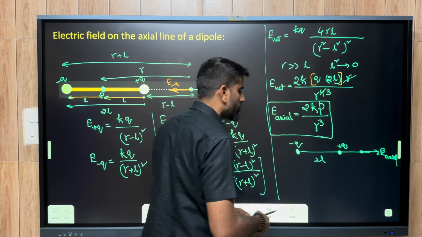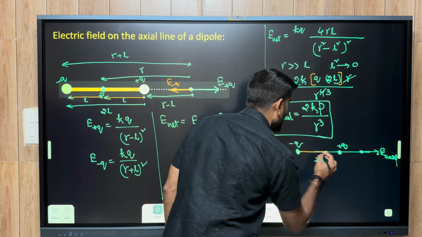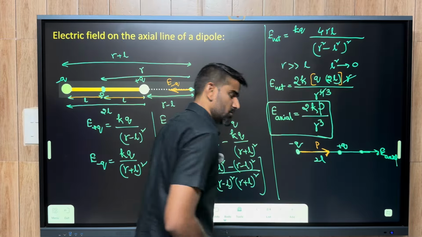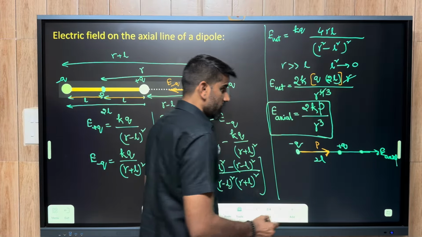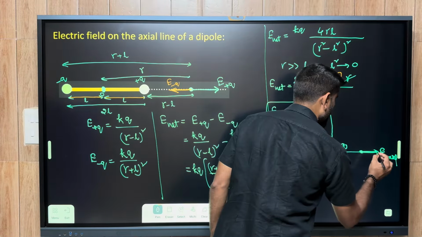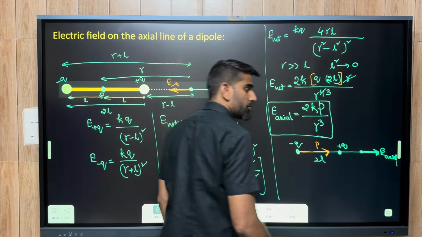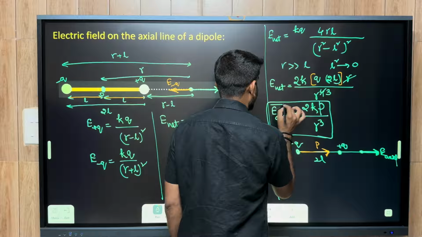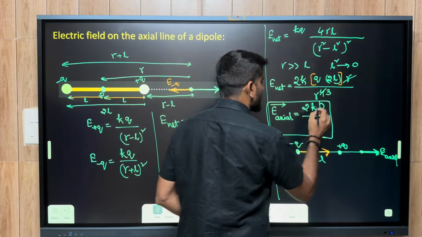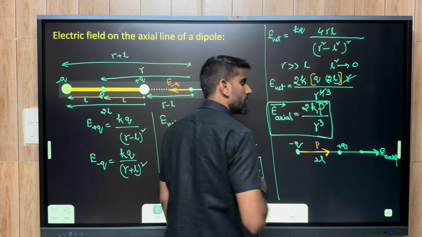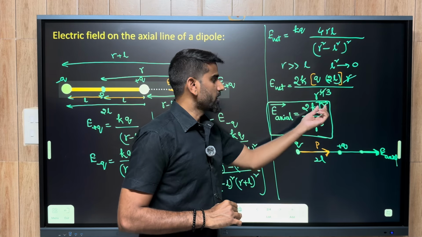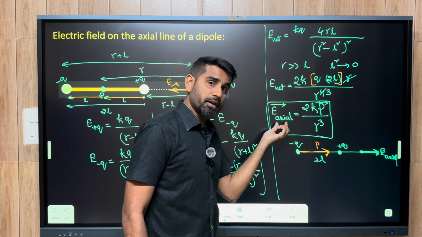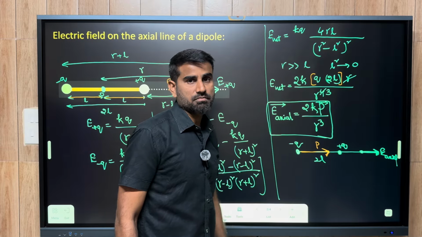As you can see, the dipole moment is pointing from negative to positive. This is P, and the electric field is also pointing from negative to positive in the same direction. That means if I represent it in vector notation, both are in the same direction.